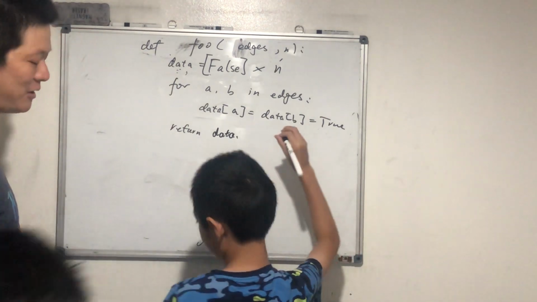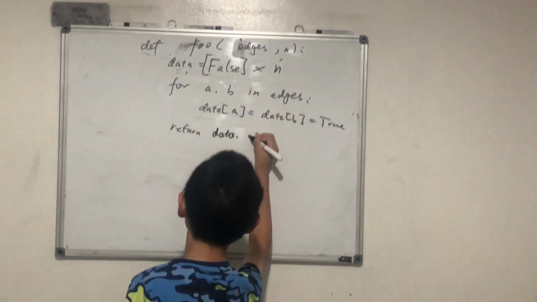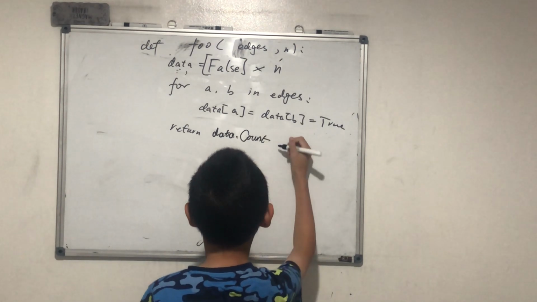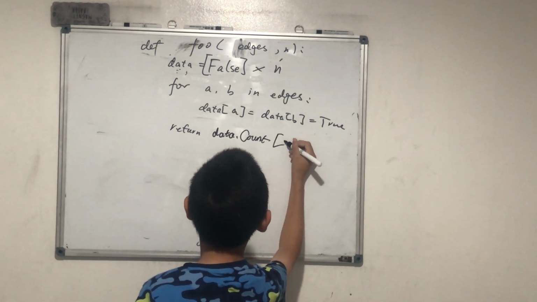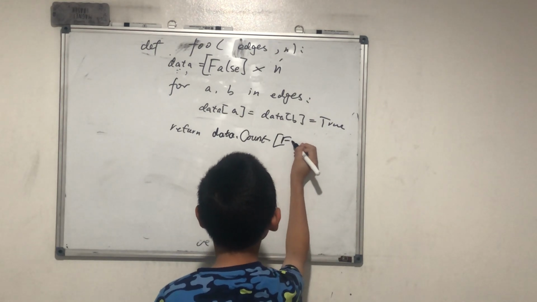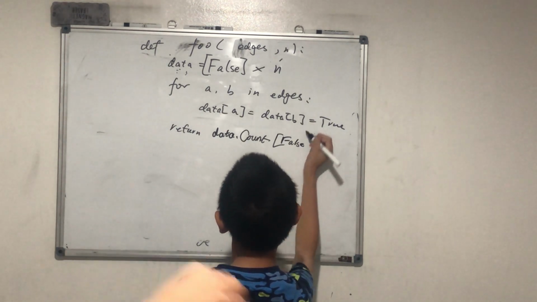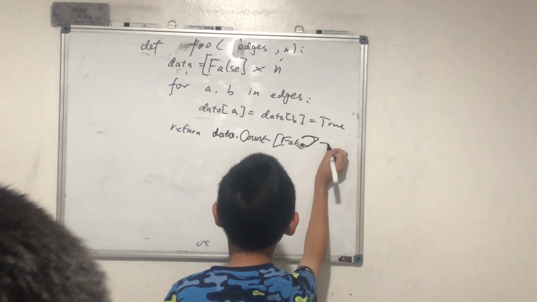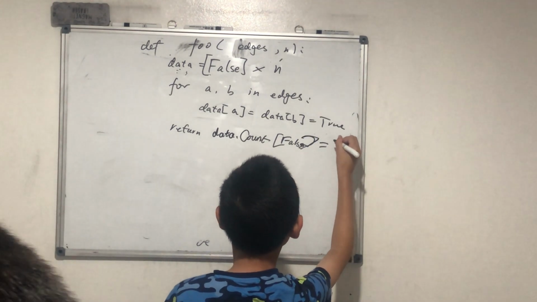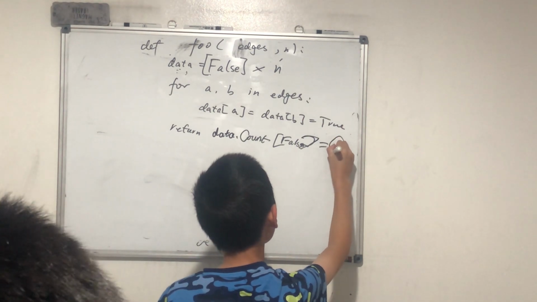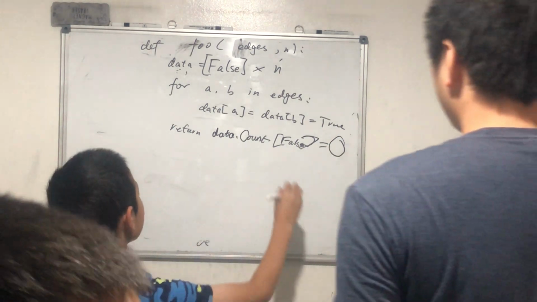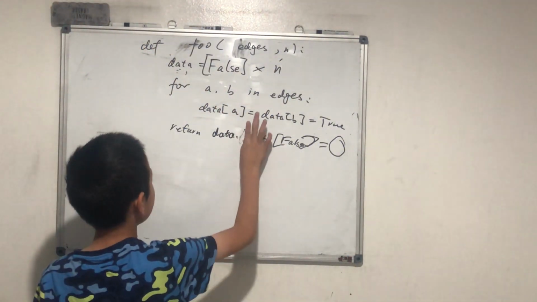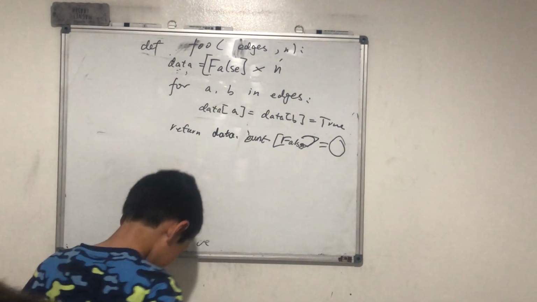We want to count false and it equals 0, because there should be no false. Count should be lowercase. Okay. It took 1 millisecond, because the computer is really fast.